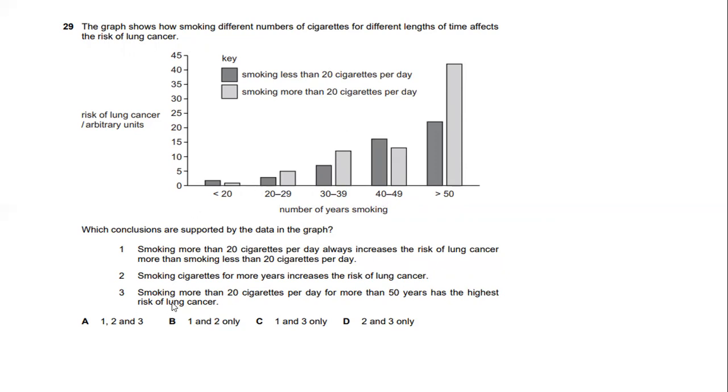And number 3, smoking more than 20 cigarettes per day for more than 50 years has the highest risk of lung cancer. Yes, can be accepted. From the graph, it shows that for more than 50 years of smoking, it actually increases the risk of lung cancer. So, number 2 and 3 can be accepted. So, D is the answer.